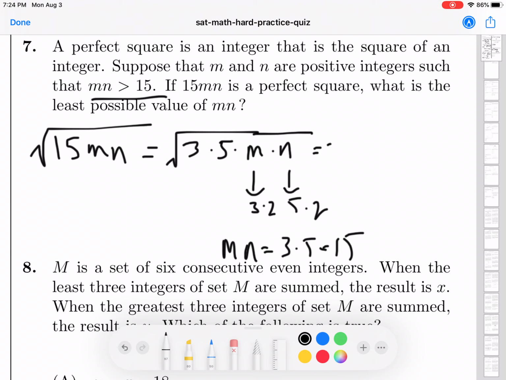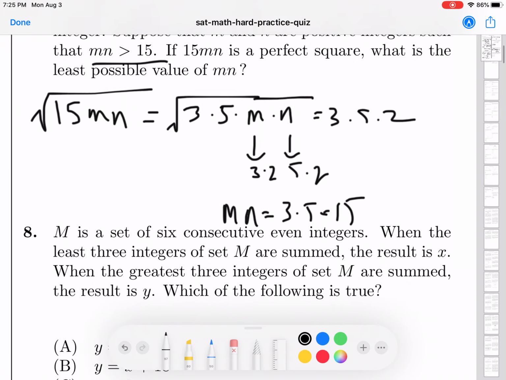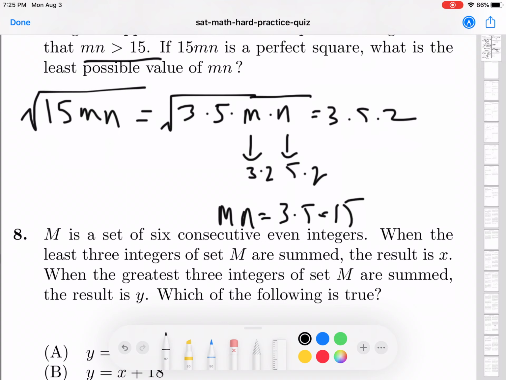Then the 3 comes out, the 5 comes out, and the 2 comes out. We just saw that 1 doesn't work. It's too small. So the smallest is 2, and that works. So 3 times 5 times 2 works. That's a whole number. For the value of mn, 6 times 10, which is 60. That's the least possible value.